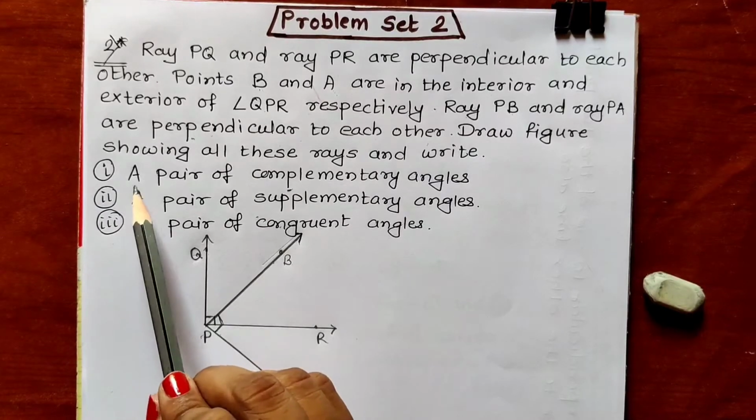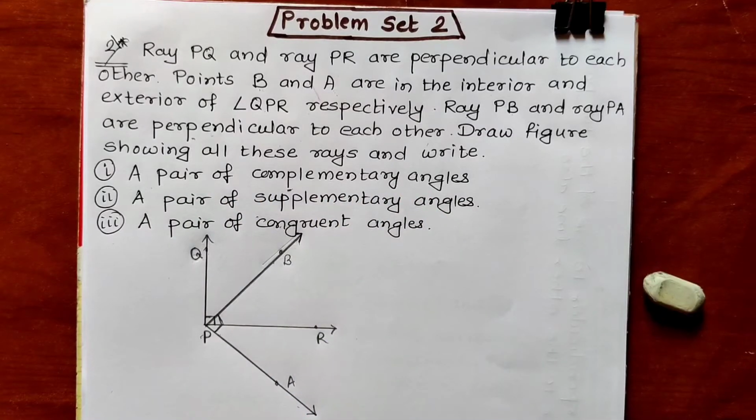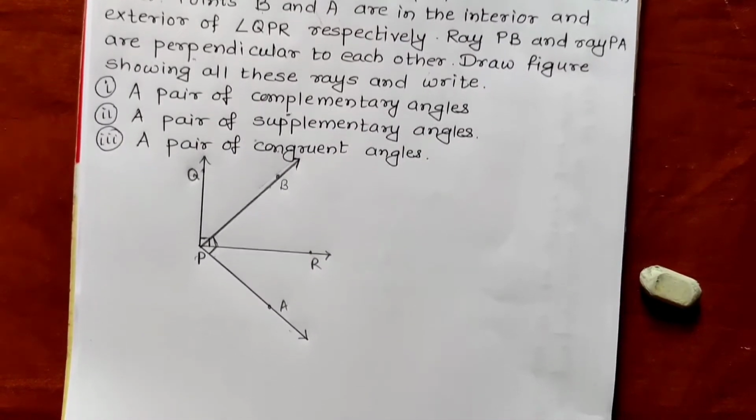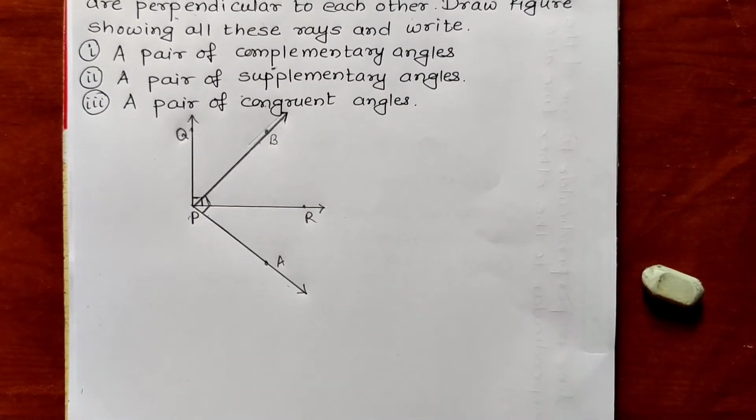Then what will we have to write? We have to write a pair of complementary angles first. One by one we will be writing all the pairs.